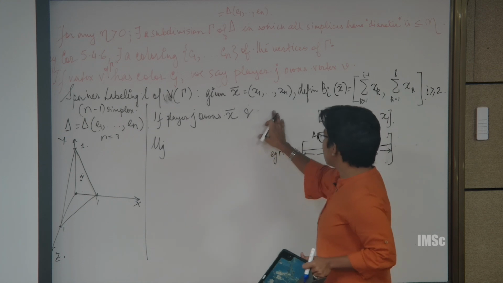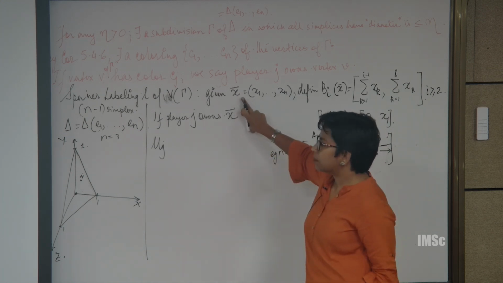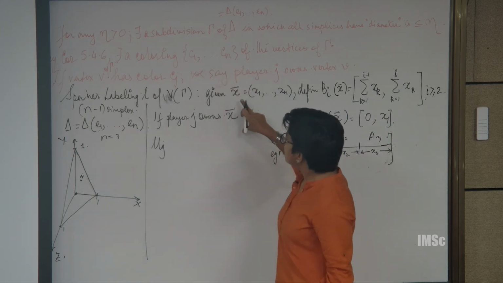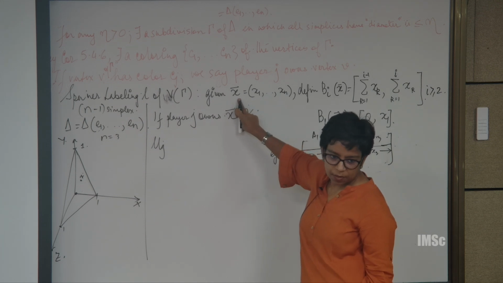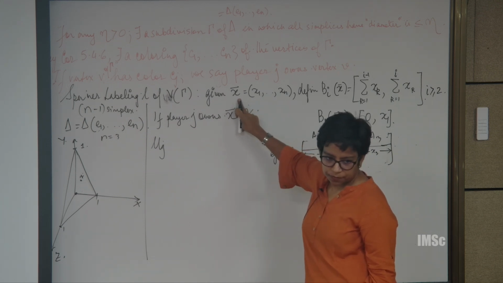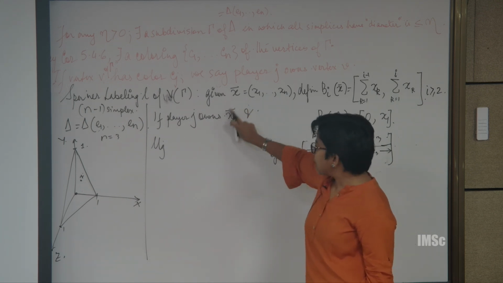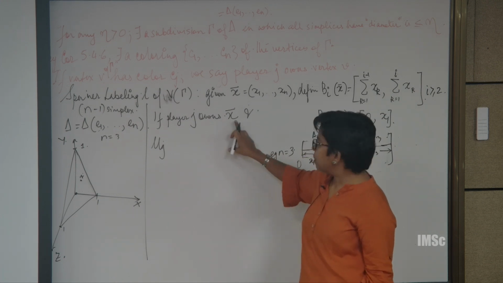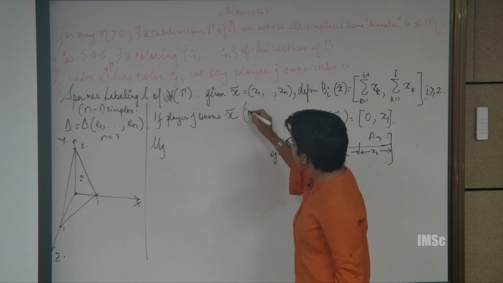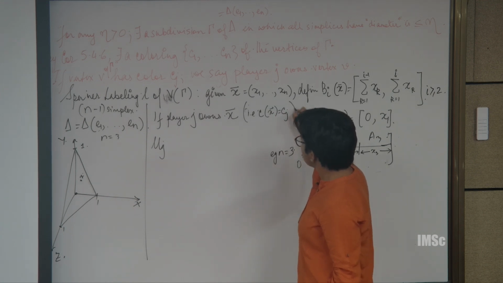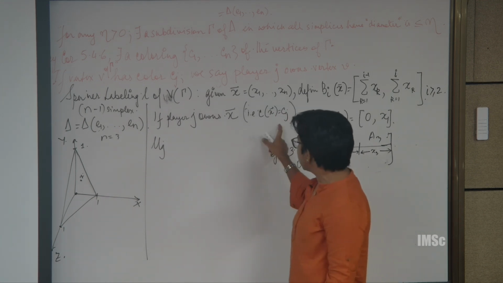So, I basically am seeing who owns this vertex based on this coloring. Some player owns this vertex, right, because this vertex got some color. So, that is what it means to own. If basically the color of x is Cj, okay.